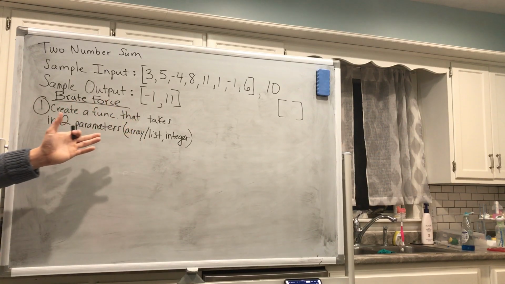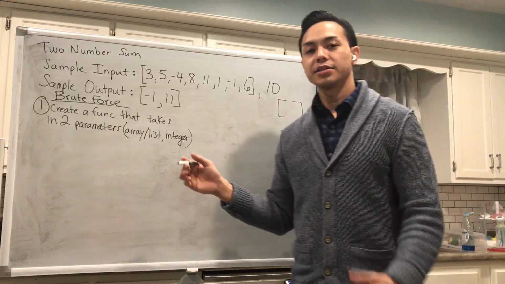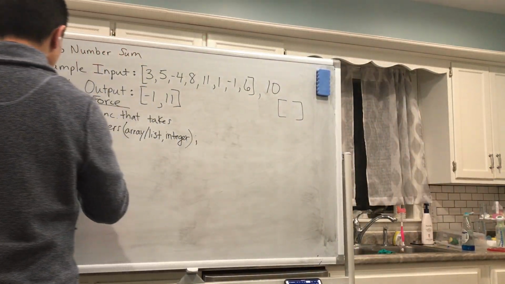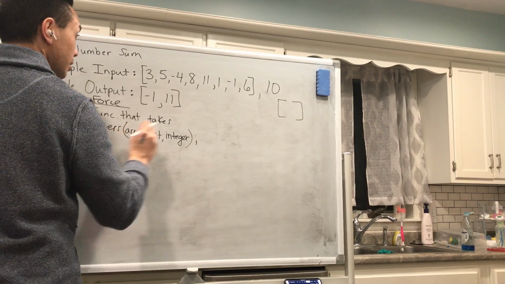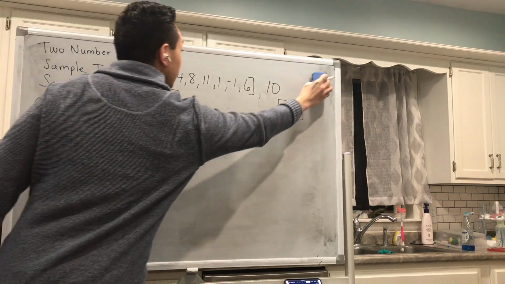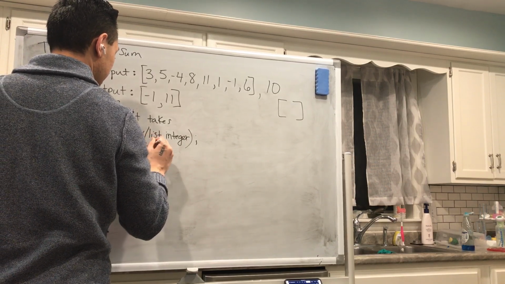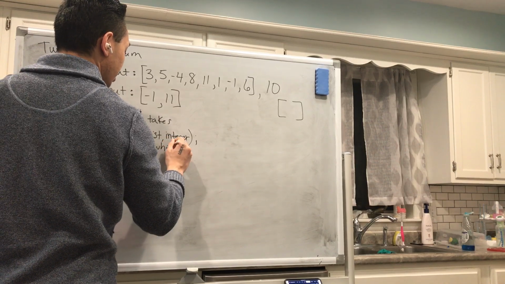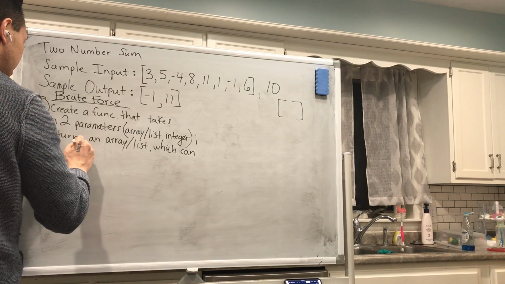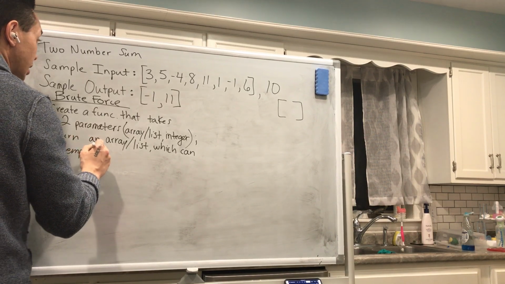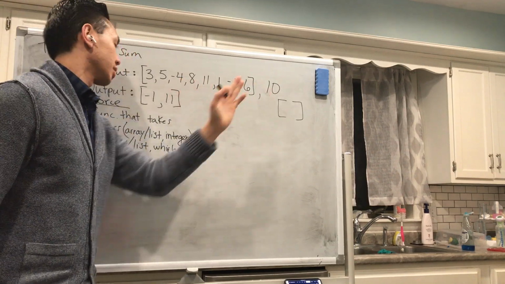So we're going to create a function that takes in two parameters, array / list, and an integer, and it's going to return an array or list. That array or list, like you said, can be empty if there are no two numbers that pair up to make the target sum.